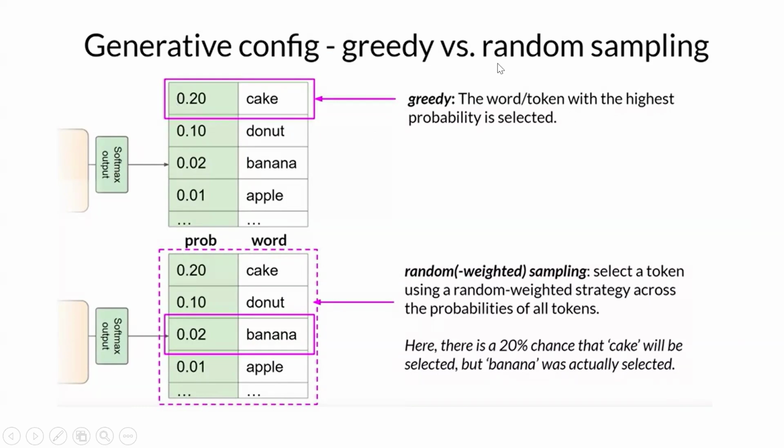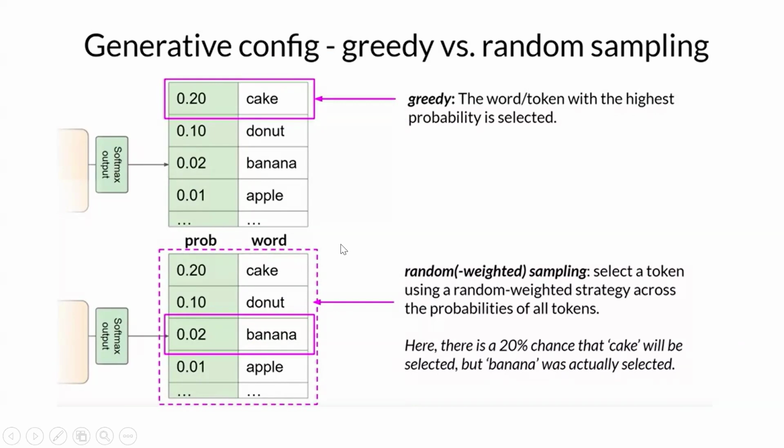If I do random sampling, it will select a token using a random weighted strategy across the probabilities of all the tokens. Here, there is a 20% chance that cake will be selected, but banana was actually selected. And where do we use greedy and where do we use random? These are some configurations.